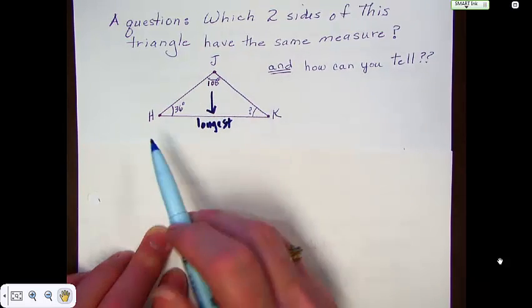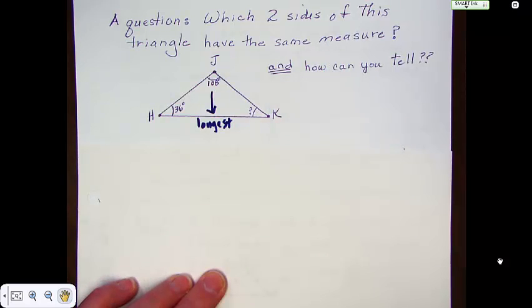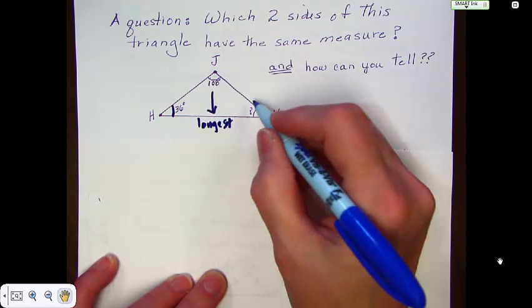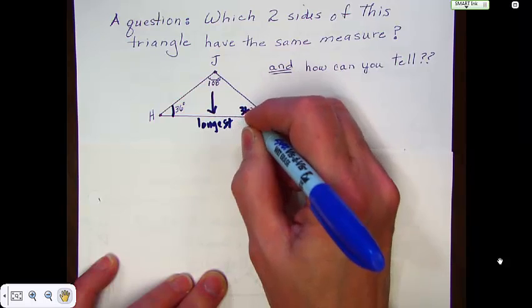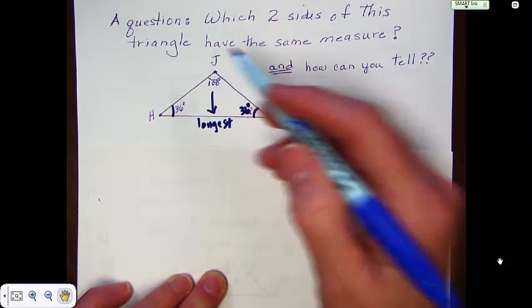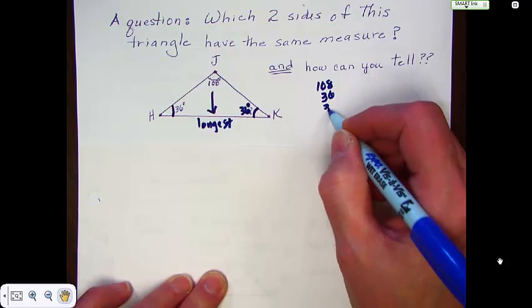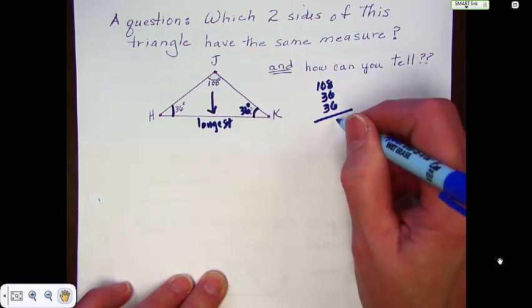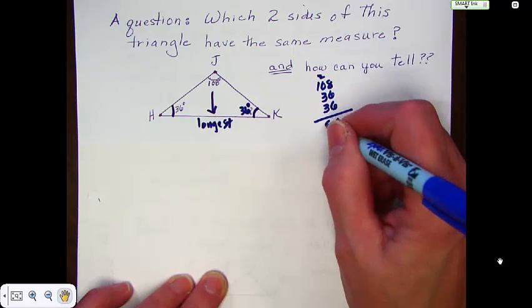Okay. So, triangles have 180 degrees. If two sides have to be equal, that means that this angle and this angle are going to have to be 36 degrees. And if you take 108 plus 36 plus 36, 6 and 6 is 12, plus 8 is 20, 3 and 3 is 6, 7, 8.